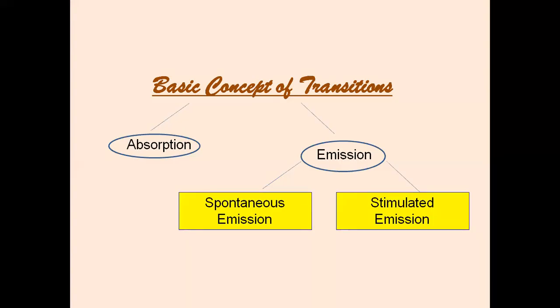Now we have to know some basic concepts of transition of atoms. They are firstly absorption and emission. Emission can be categorized in two types. One is spontaneous emission and the other is stimulated emission. Now my question is, what is absorption?